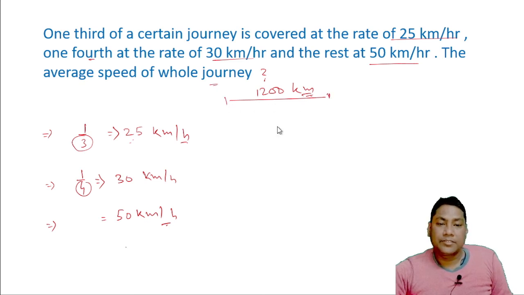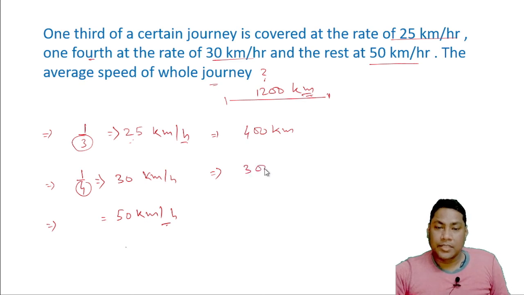For one third it will be 400 kilometer, and for the second, one fourth of 1200 is 300 kilometer.